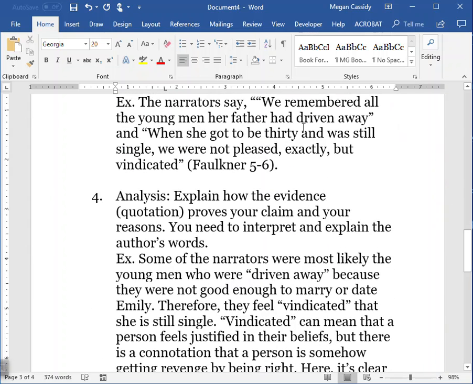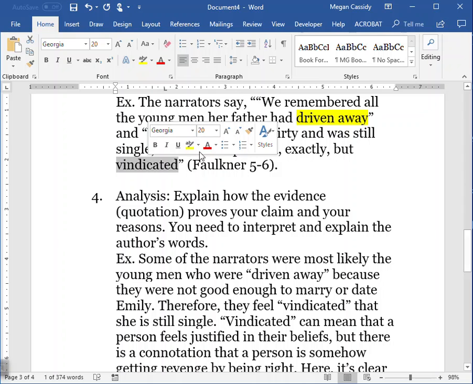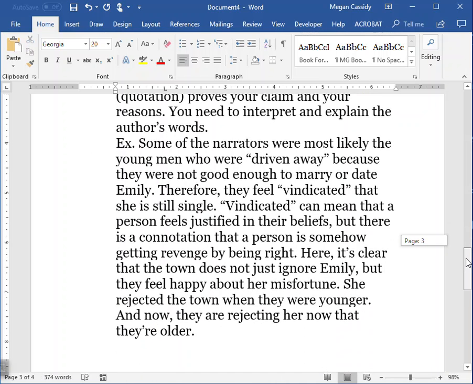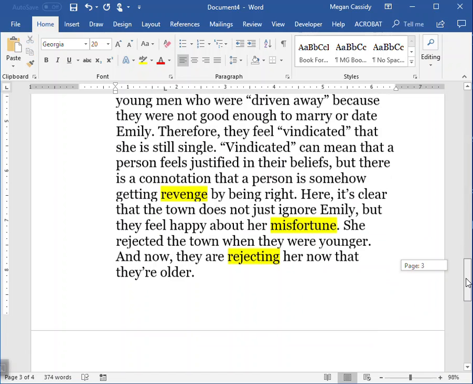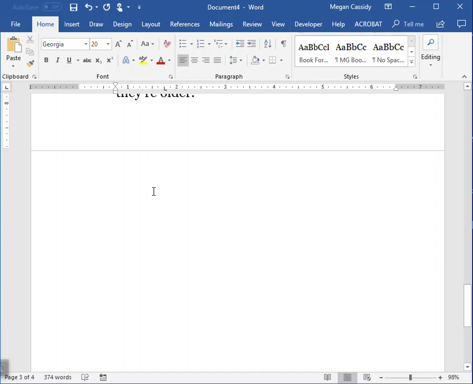The quotation, where I've used again the part about being driven away and not exactly pleased, but vindicated and feeling righteous and justified. And then I have my analysis, where I use words like rejected, revenge, and misfortune, so that you kind of see how these three things are linked.